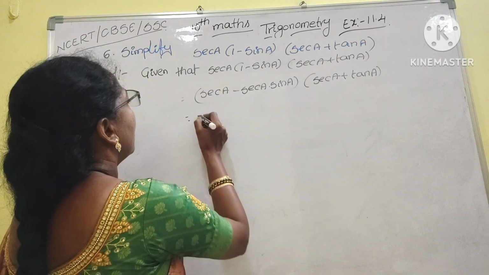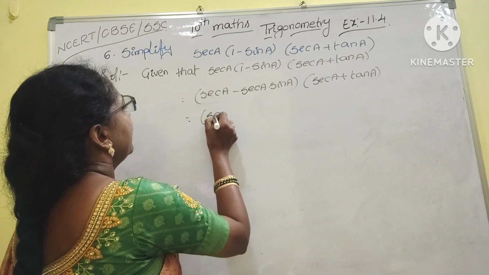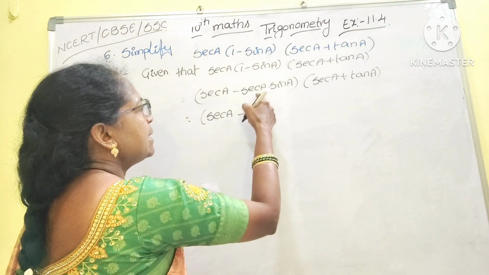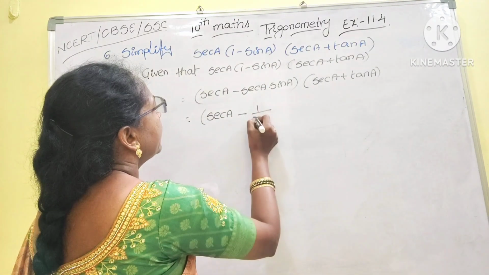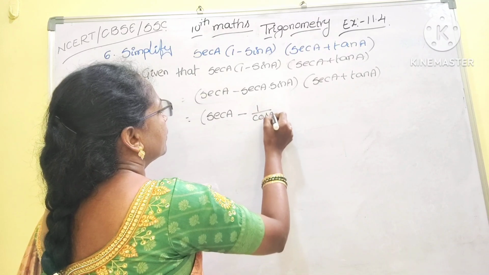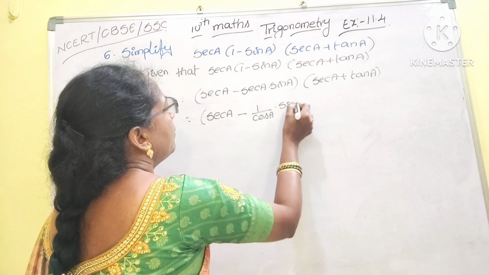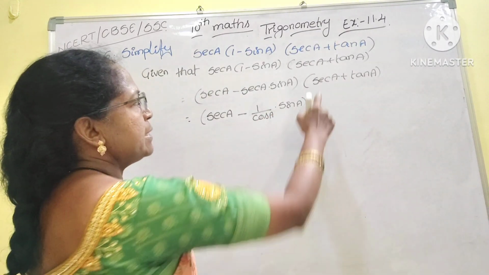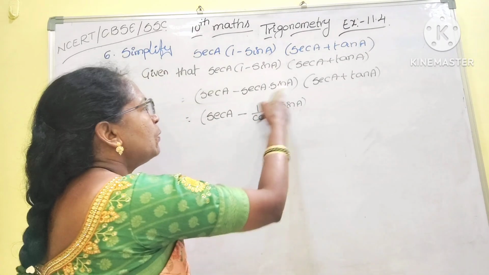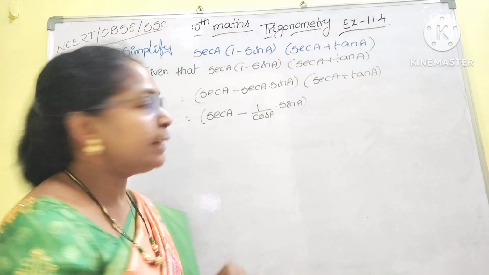Now here, secant A minus secant A means 1 by cos A into sin A. And the next term is secant A plus tan A. Try to write this also in terms of tan only.